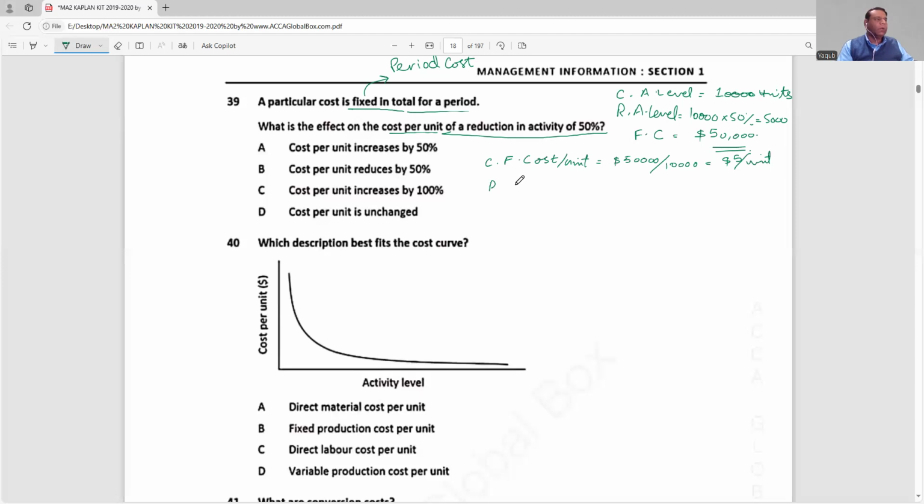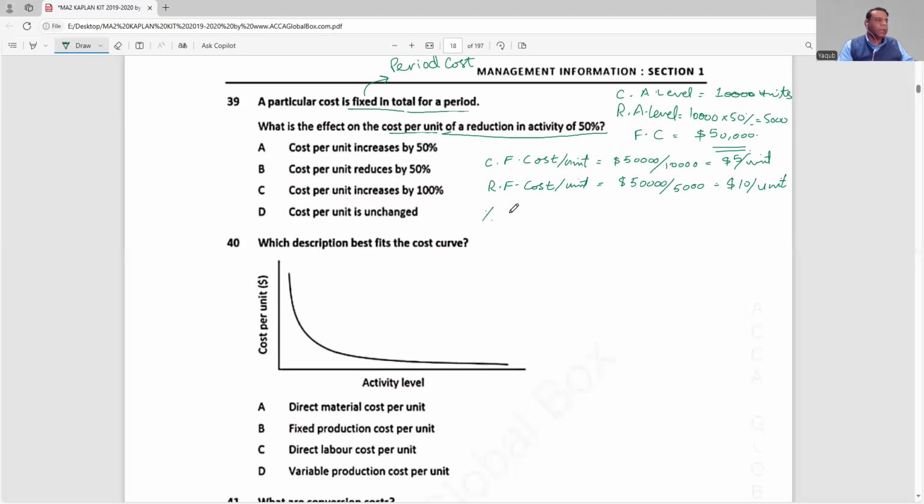Now what will be the revised fixed cost per unit? It is equal to 50,000 divided by 5,000 revised, so now we have $10 per unit. So fixed cost per unit has increased from $5 to $10, an increase in cost of 100%.